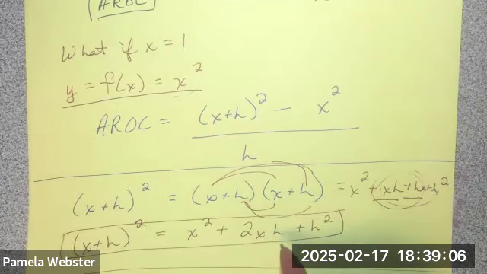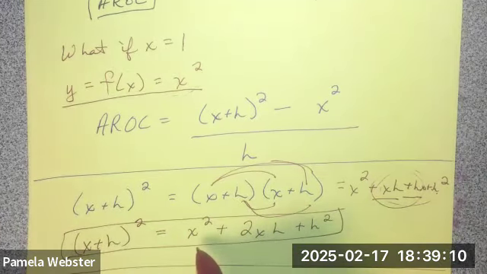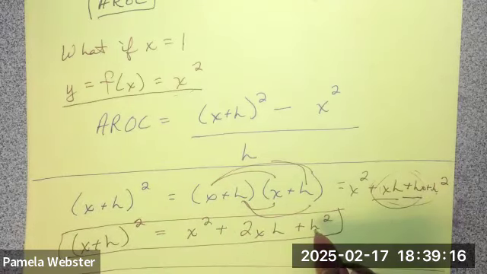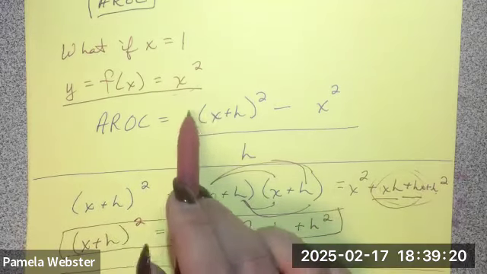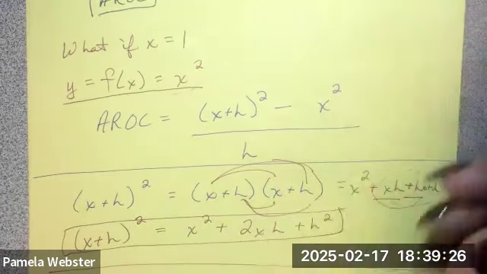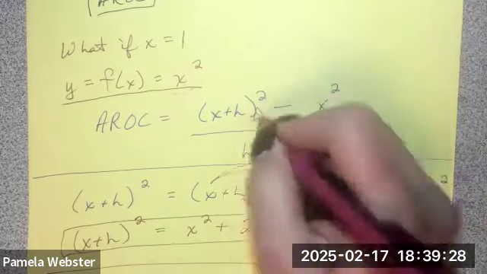If you need to, go back and remultiply this over and over, but you're going to see a pattern. If it's x plus h squared, it's x squared plus 2xh plus h squared over and over and over again. And if there was some number being multiplied, like a 3 multiplied out in front or something, then you'd need to distribute that as well. But this is just this piece right here.